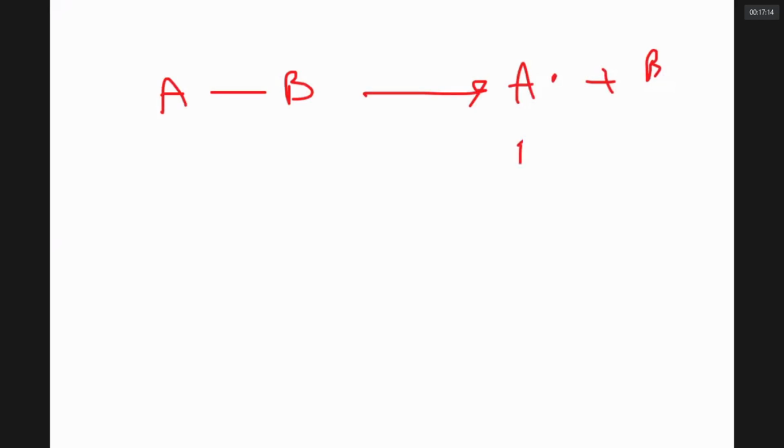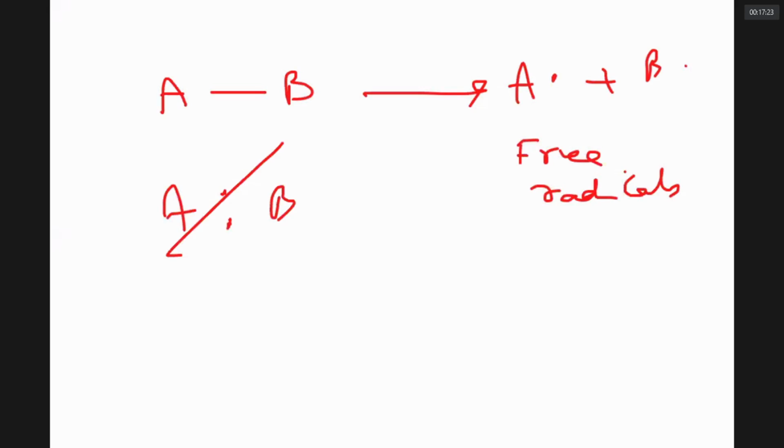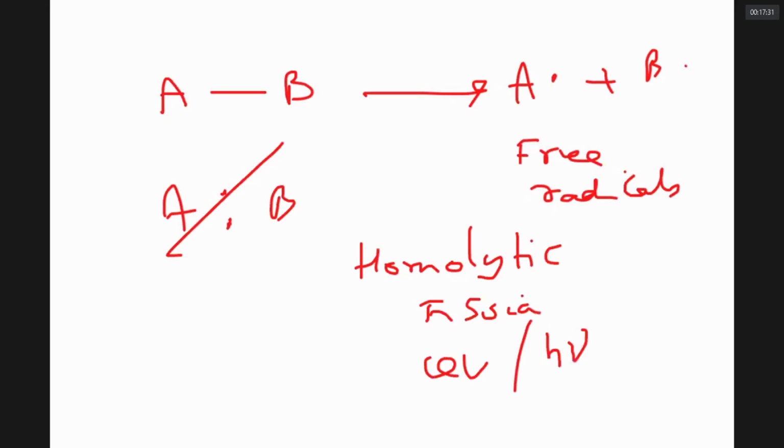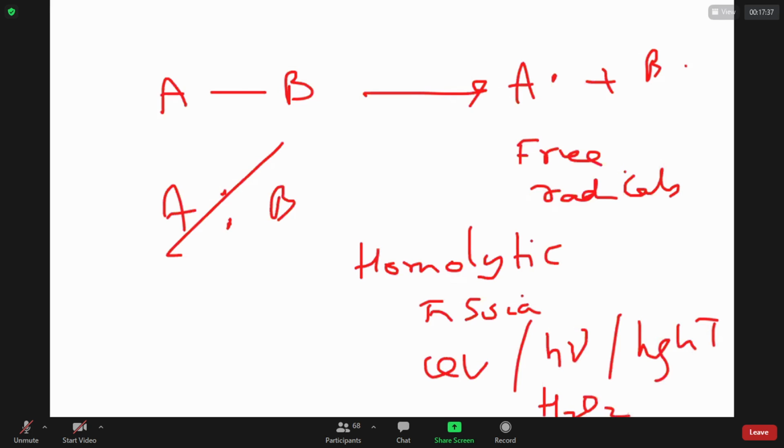See, when there is a bond between A and B, when a bond is breaking between A and B, it can break in such a way that A gets one electron, B gets one electron. Then they are called free radicals. The bond electron pair got equally distributed between A and B. This is called homolytic fission. Homolytic fission happens only if there is UV light or high temperature, or there is peroxide. Any one of these can cause homolytic fission.